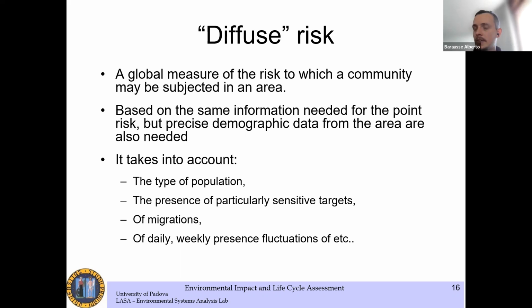Because they weigh less than adults, so they can bioaccumulate less contaminants. They can dilute them in a lower body weight, so they can be sensitive targets. Because of this reason, presence of fluctuations of human population, for example, due to commuting, as I was saying.